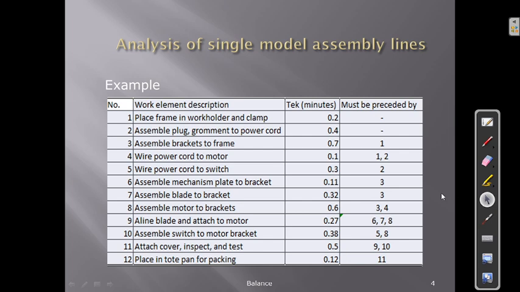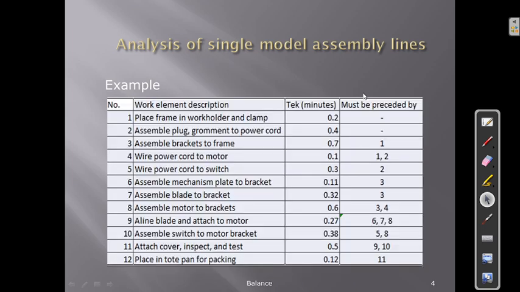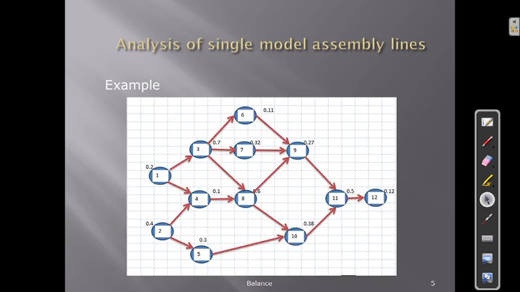So in a line balancing problem, this is the first step: drawing the predecessor diagram. We draw this diagram with the help of the given table.